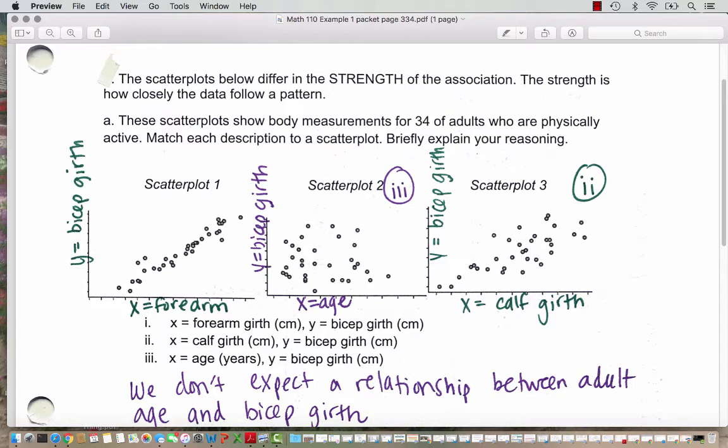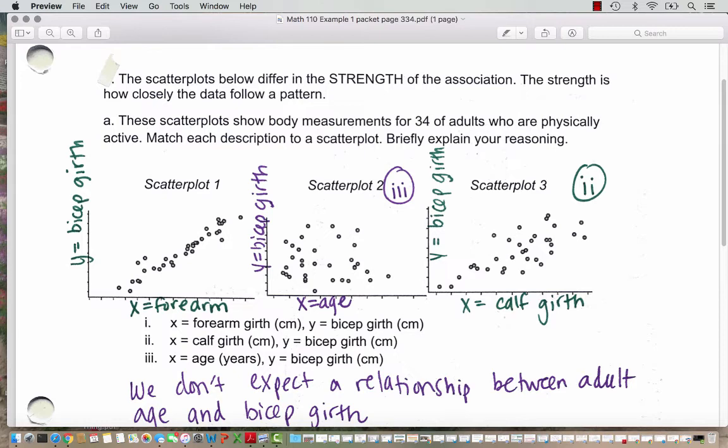All right, so I don't expect there's going to be a relationship between an adult's age and their bicep girth. If we were studying children, overall older children would have larger limbs and larger bicep girth. But once people are fully grown adults, there's not a relationship between your age and your body size.